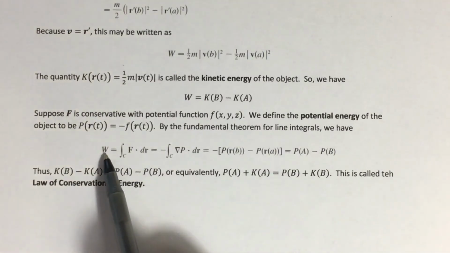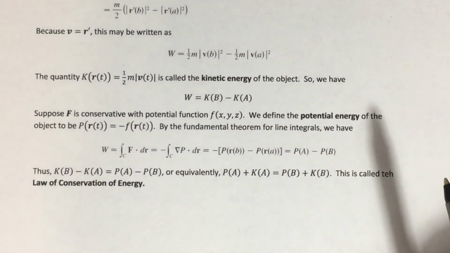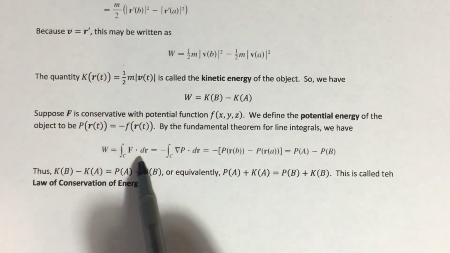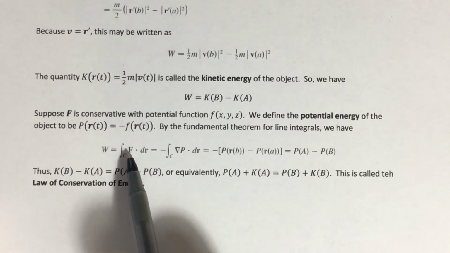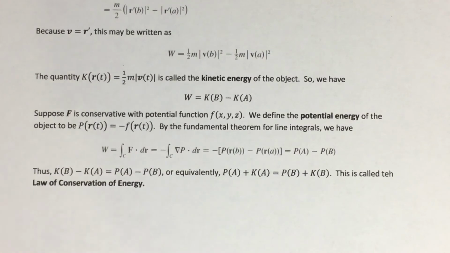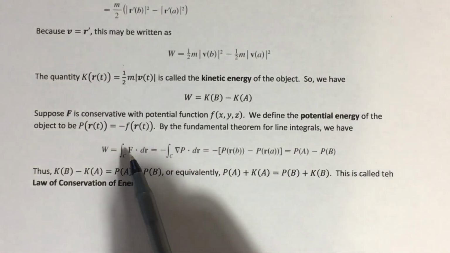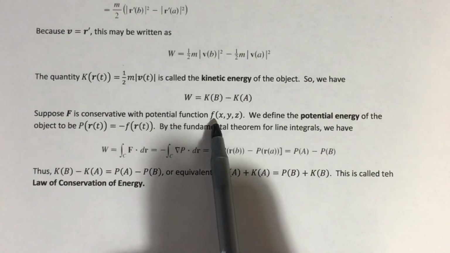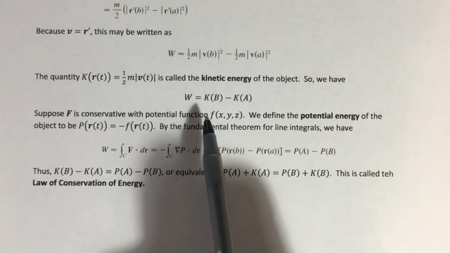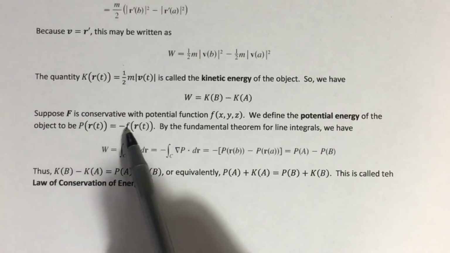So if I wanted to calculate the work done on this object, which we've already done, but we're going to look at it from a different perspective now. F dot dr, because the potential function for f is little f, that means that capital F is equal to the gradient of little f, but that would be the negative gradient of p, because that's how little f and p are related to each other.